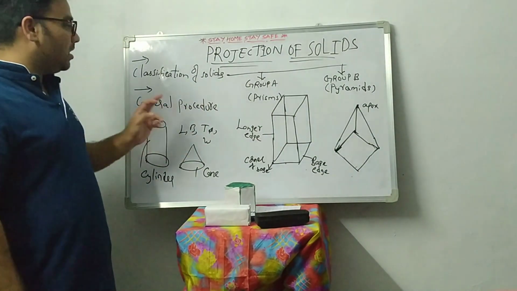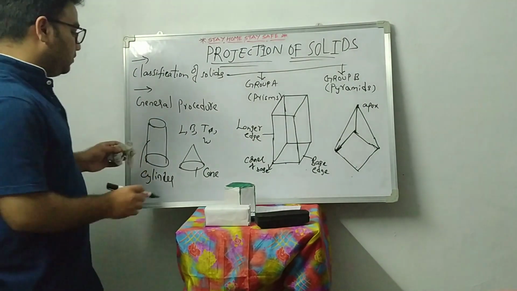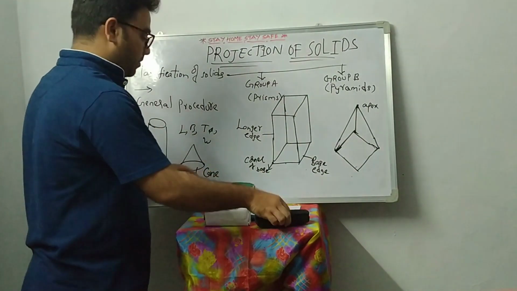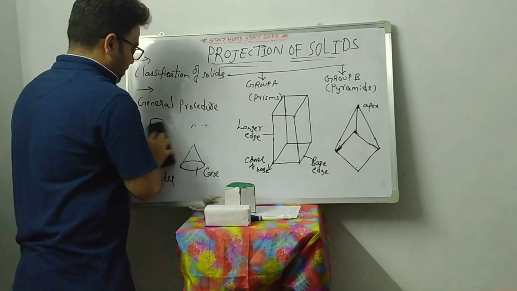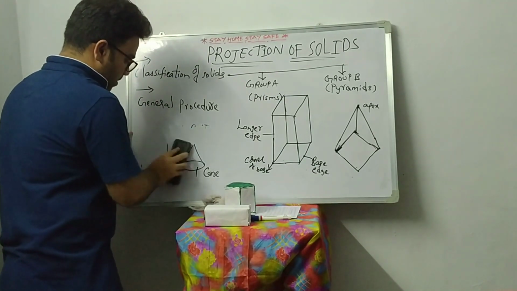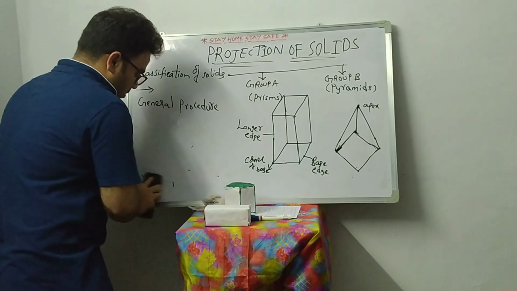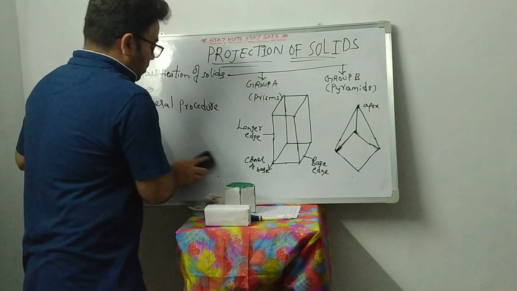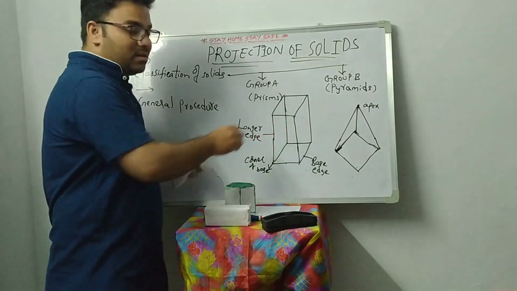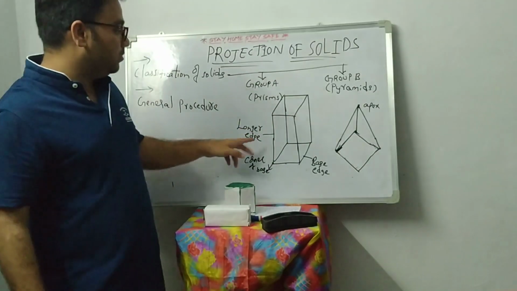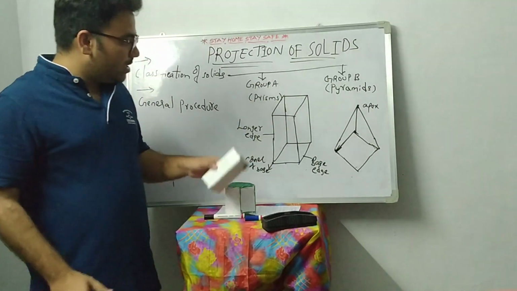Now we will see the general procedure for construction of a solid. Before going to the general procedure, some important parameters are required while solving the problem. These are the parameters for, let us say, a square prism.